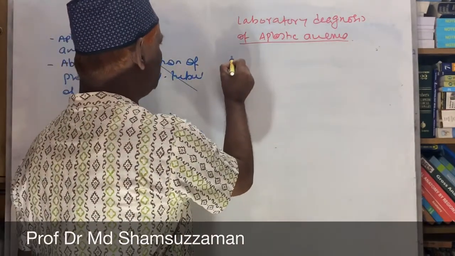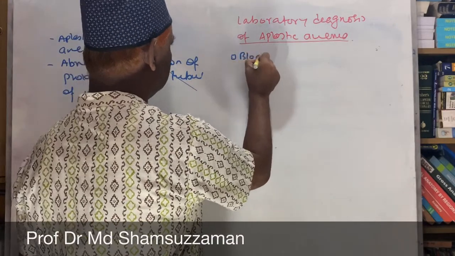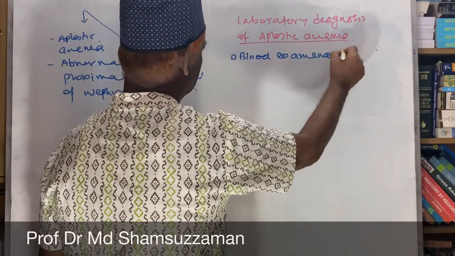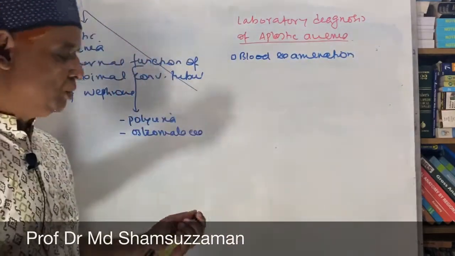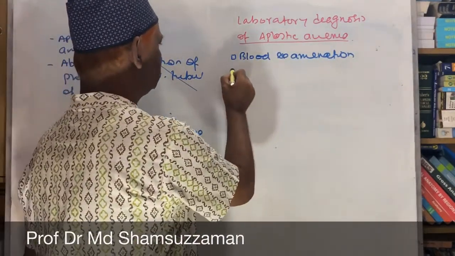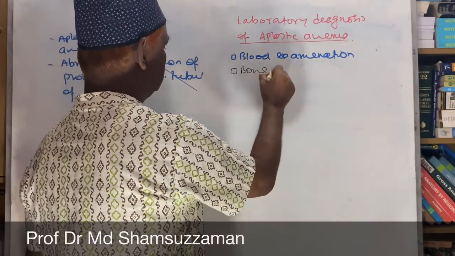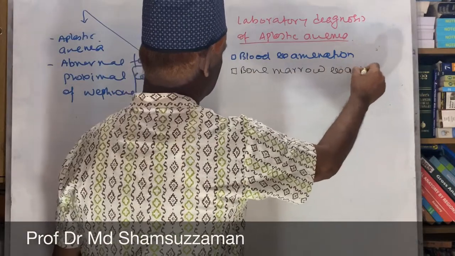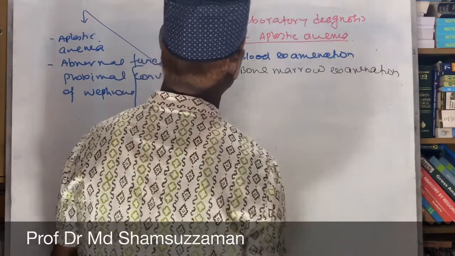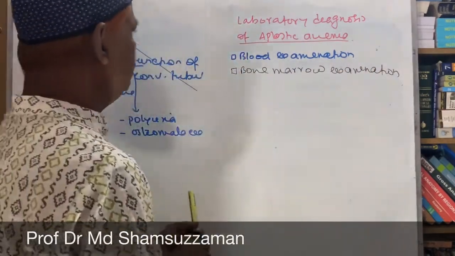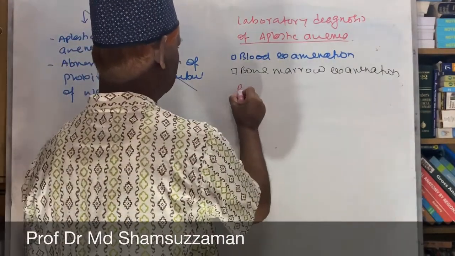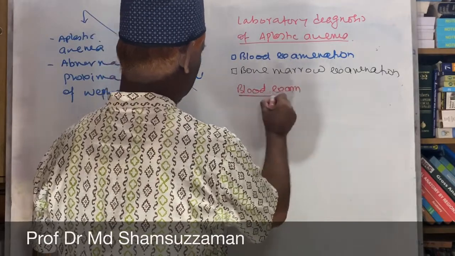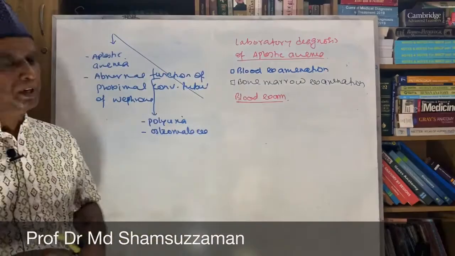First, we have to do blood examination. Then bone marrow examination. First come to blood examination for aplastic anemia.